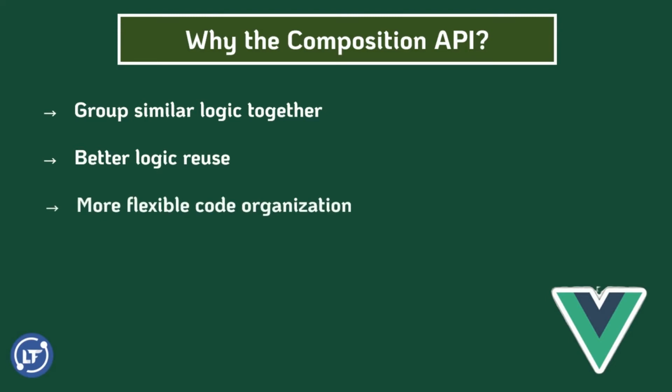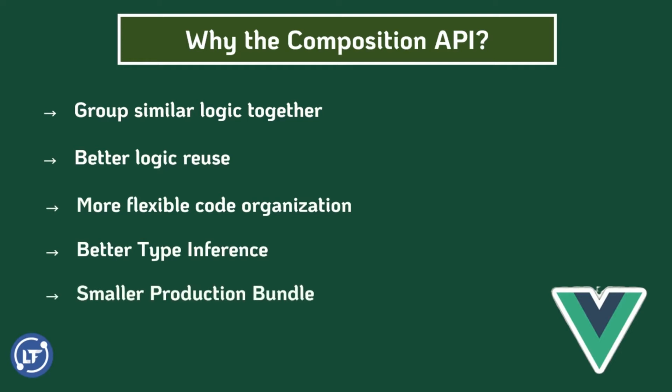So it introduces more flexible code organization, and it also produces better type inference. This is especially useful when you're working with TypeScript instead of pure JavaScript. And then another thing is the composition API ultimately gives you a smaller production bundle.